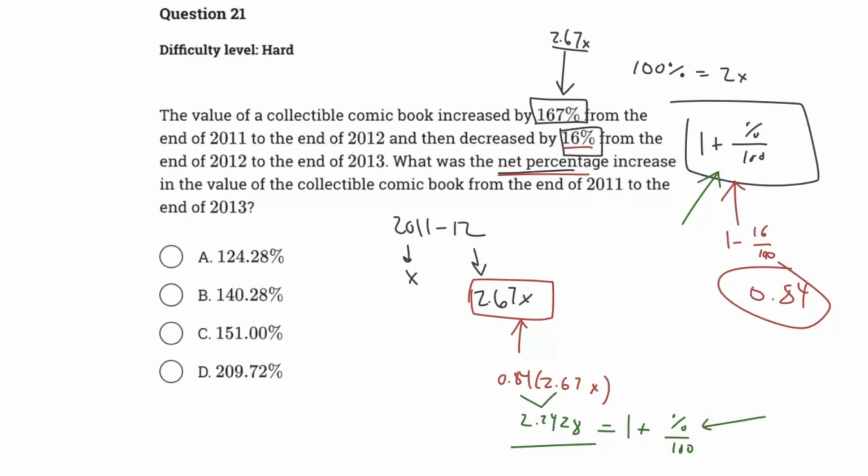So we can subtract 1 on both sides, then we get 1.24 something, and we multiply both sides by 100, and so this will ultimately give us around 124%. So around 124% increase matches up with answer choice A, and therefore that is our answer.